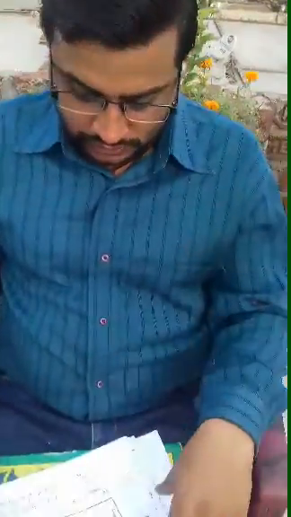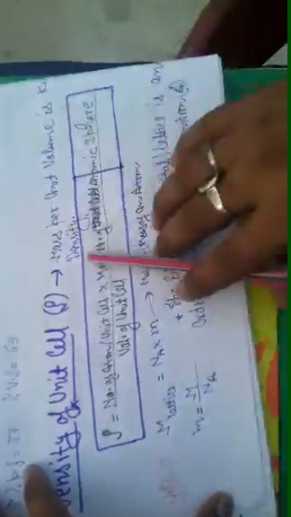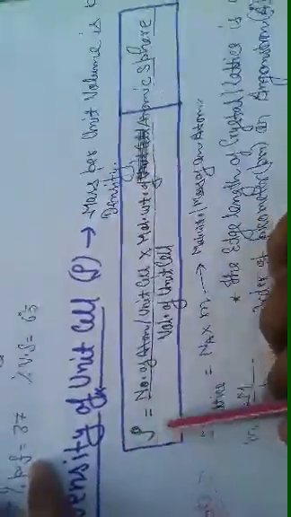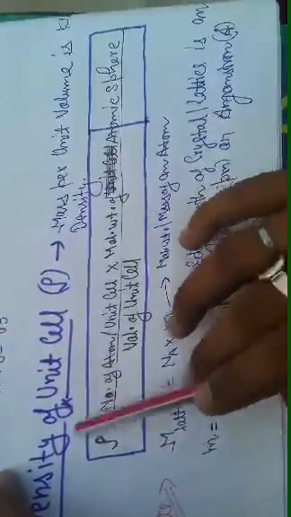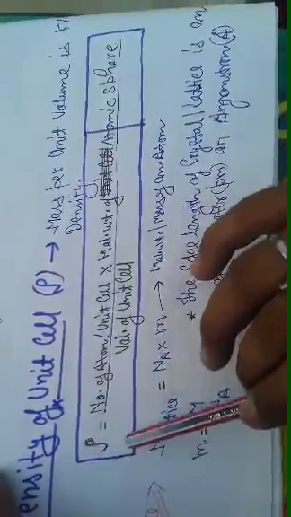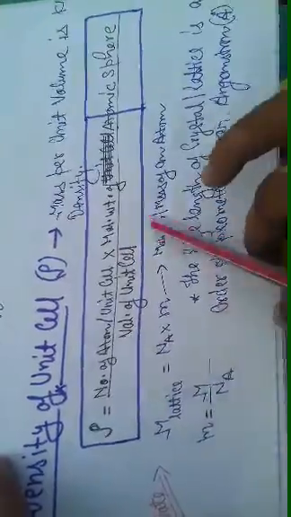Then we get the equation: mass per unit volume is called density, and rho is the symbol of density. As an abbreviation, you can use rho or small d, it does not matter.